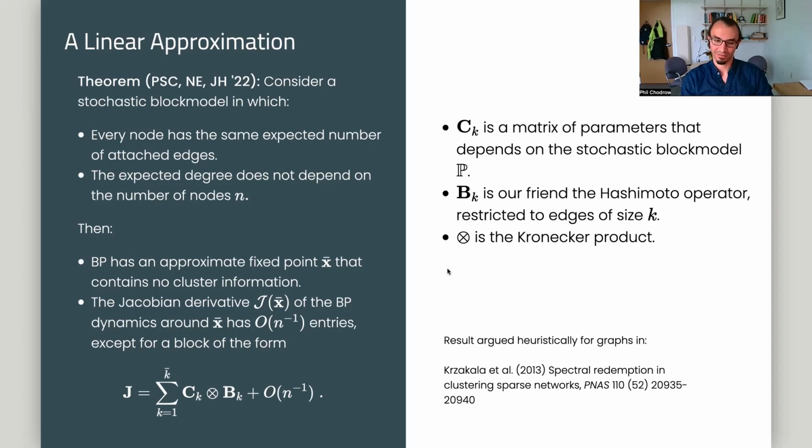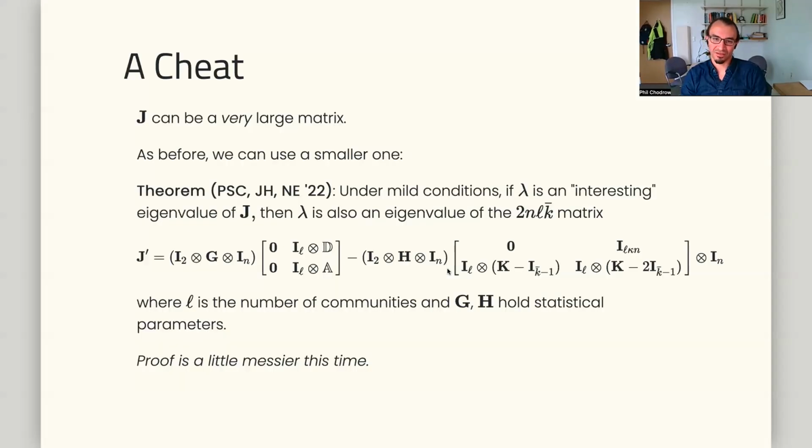Now, pause for an issue, which is that last time the matrix B was kind of inconveniently large, and the matrix J has only gotten larger. So we actually have the same computation problem as before. Fortunately, we have a similar solution as well. We can actually cheat by computing with, again, a much more complicated looking, but actually smaller matrix.